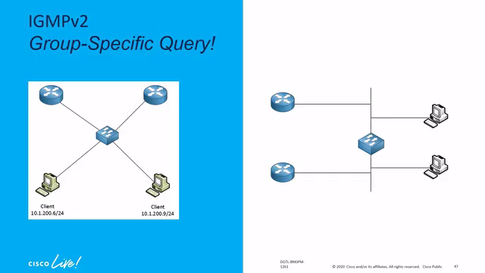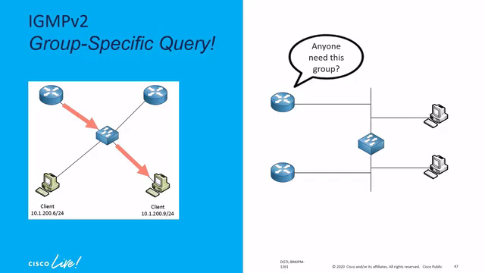They will send a specific query, which is a new kind of message in version 2, called a group-specific query. So when it receives that message saying, I'm leaving 239.1.1.1, that triggers the router to immediately send a query onto the wire, but only to the group 239.1.1.1, saying, is anyone still listening?